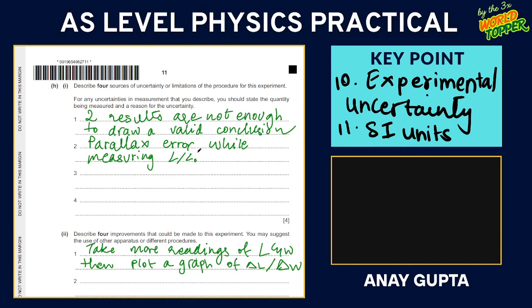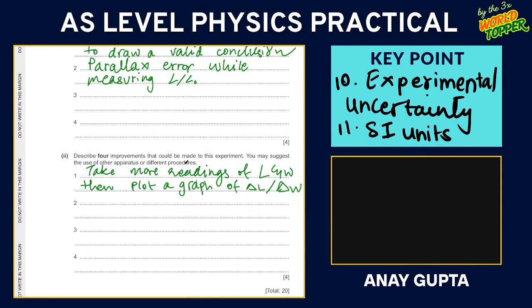So that is why parallax error might occur. So what do we do? We clamp the ruler, and then we can adjust our eyesight to a level that is parallel to the height of the boss. So clamp the ruler to a stand.